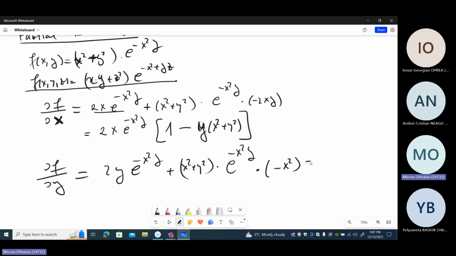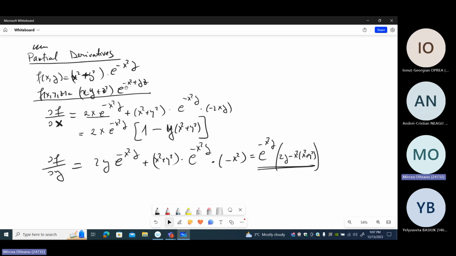Very well. So again, here we take a common factor, which is the exponential, times (2y minus x squared times (x squared plus y squared)). Okay. This is the partial derivative with respect to y.